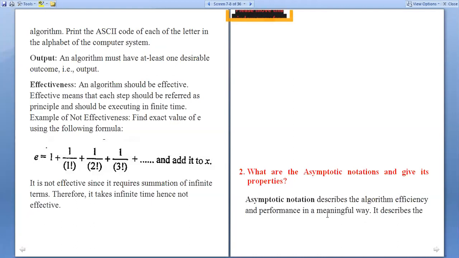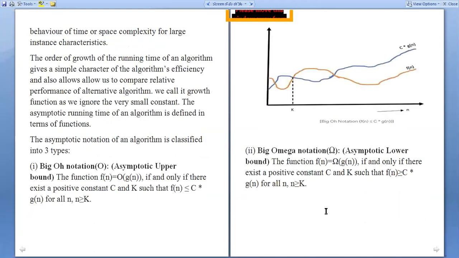It describes the behavior of time or space complexity for large instance characteristics. So what is the time complexity and what is the space complexity when you consider large instance characteristics, that means large-size inputs? You consider the time taken by that particular algorithm and the space needed by that particular algorithm.